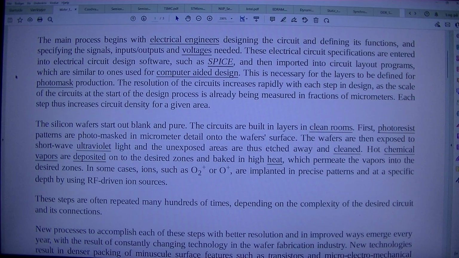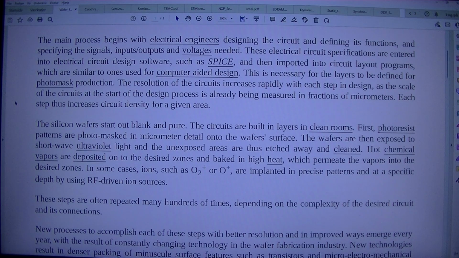This is necessary for the layers to be defined for photomask production. The resolution of the circuits increases rapidly with each step in design, as the scaling of the circuits at the start of the design process is already being measured in fractions of micrometers. Each step thus increases circuit density for a given area.